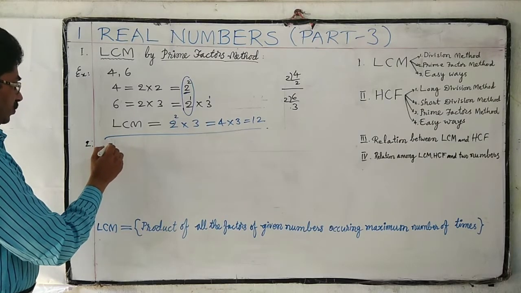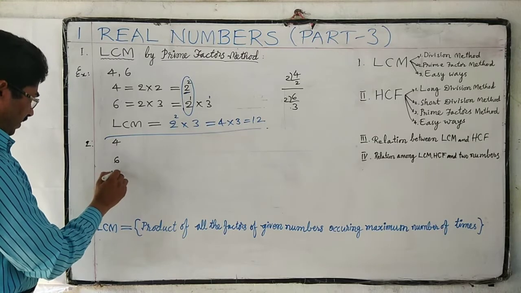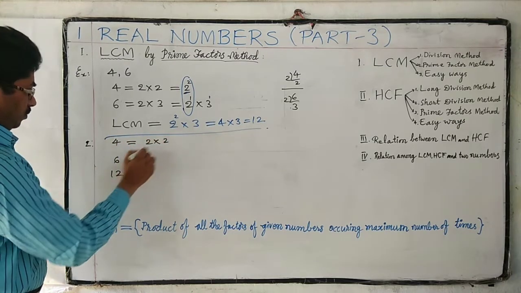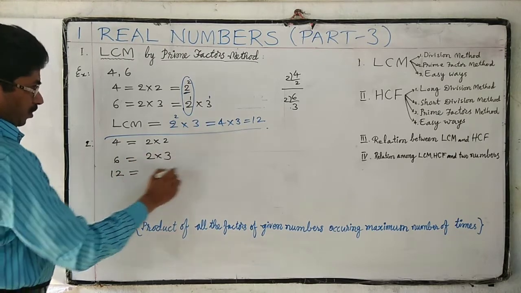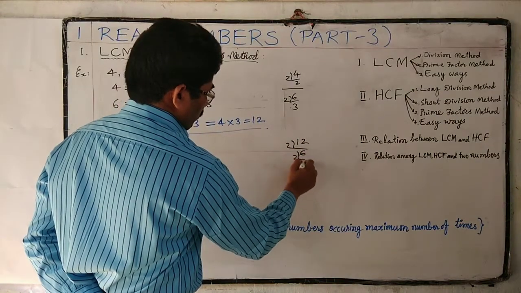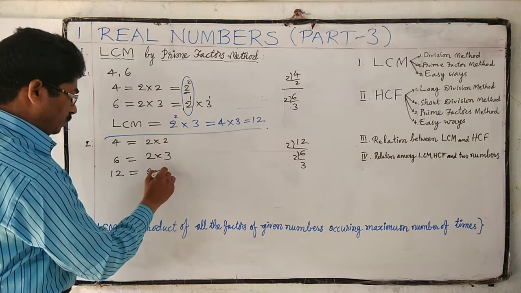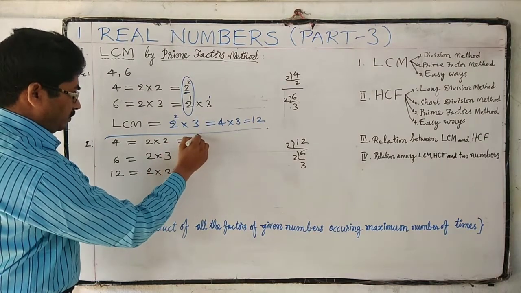One more example. LCM of 4, 6, 12. 4 is 2 into 2, 6 is 2 into 3, 12 is 2 into 2 into 3. So this is 2 square.